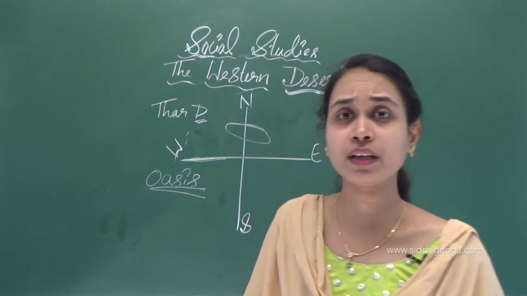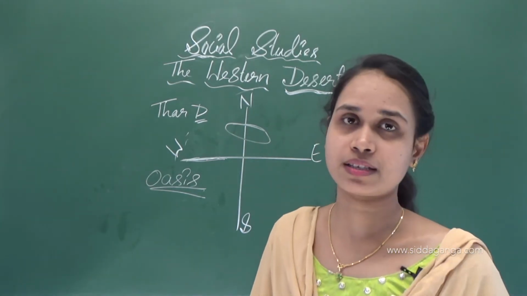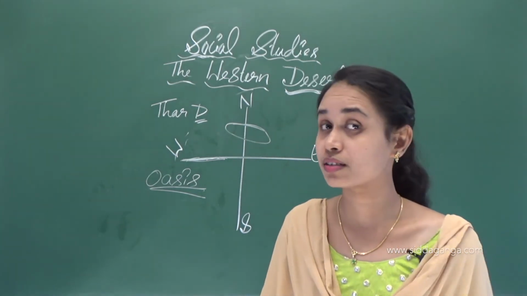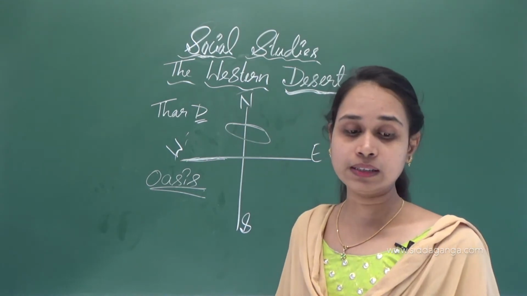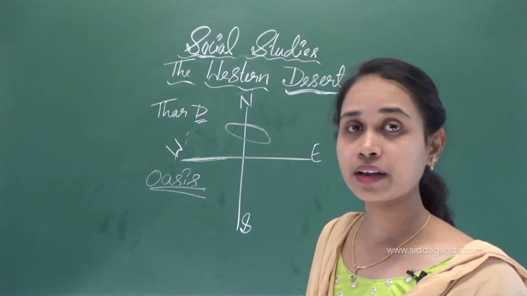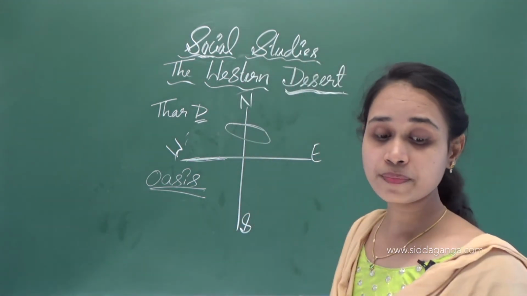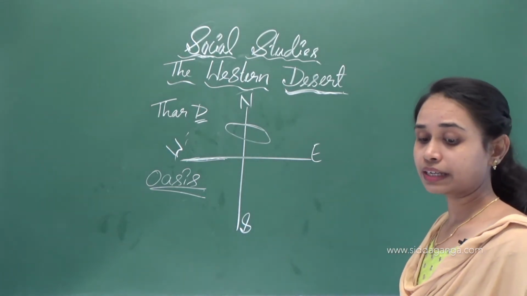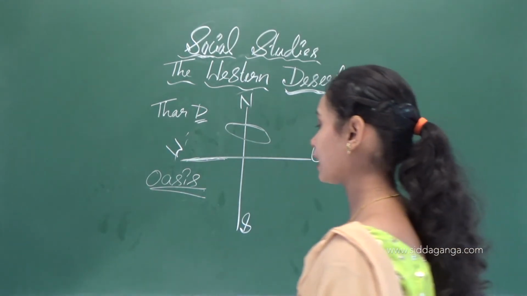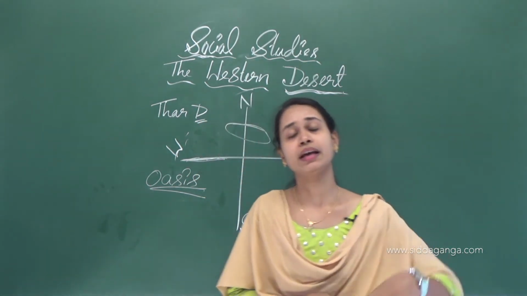Yes, for cutting of trees. Cutting of trees and overgrazing. Overgrazing also causes the desert, and cutting of trees also causes the desert. These are the two reasons for the spread of desert area.